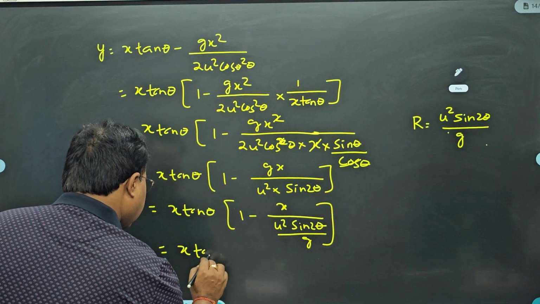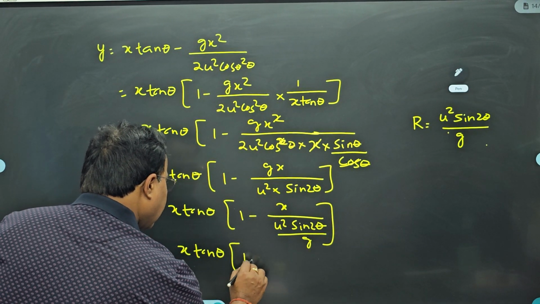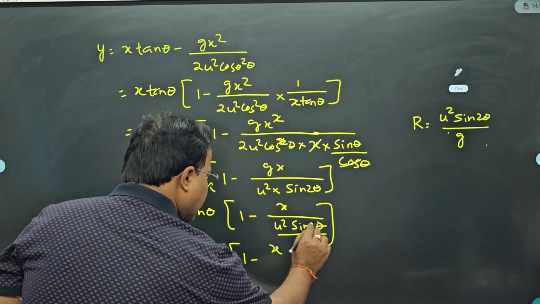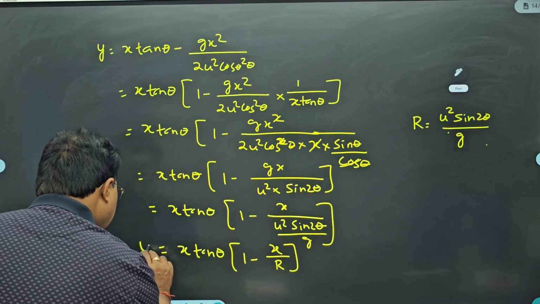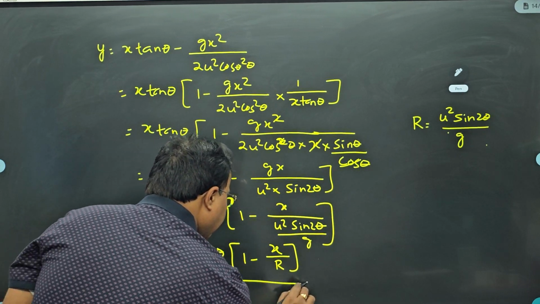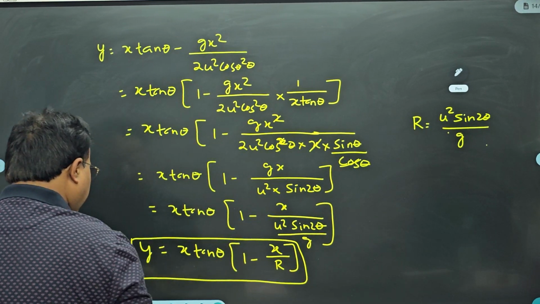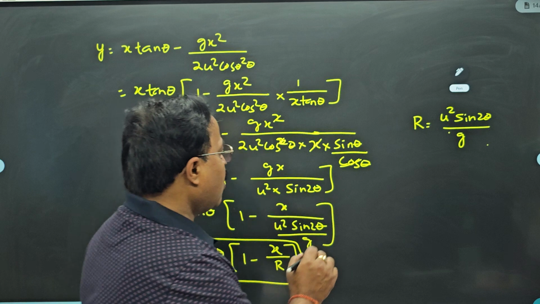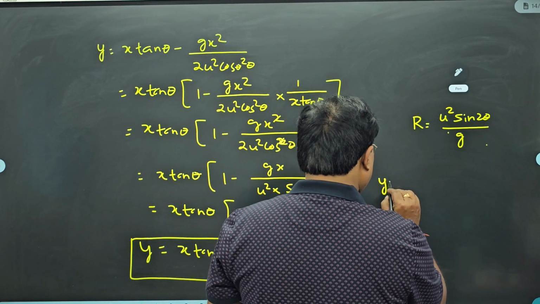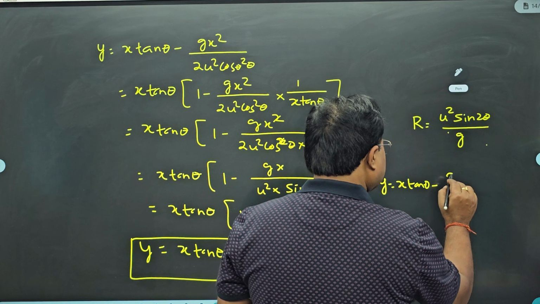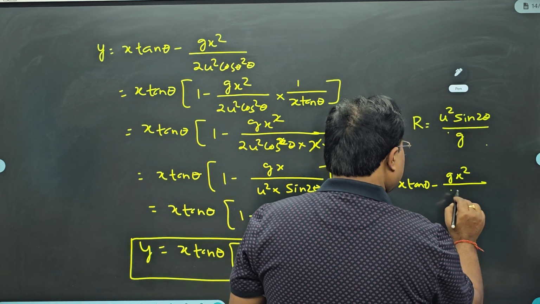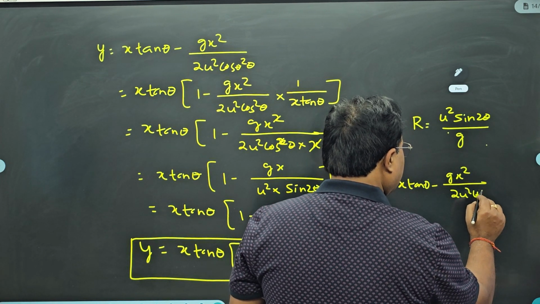So this equation becomes x tan theta into 1 minus x by u square sine 2 theta by g, which is equal to the range in projectile motion. So in this equation, we have derived the equation of projectile motion in terms of range. What are the two equations of projectile motion we have derived? First, y is equal to x tan theta minus gx square by 2u square cos square theta.